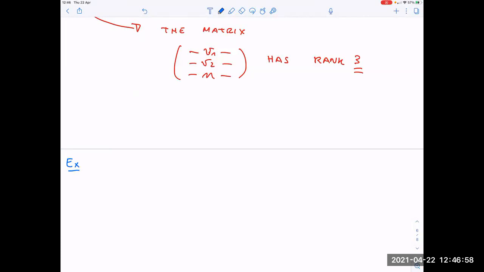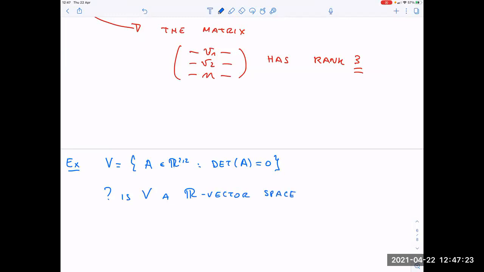And let's see some set V, say 2 by 2 matrices with real coefficients, such that the determinant of A is 0, and we ask, is V an R vector space with the operations of R^{2x2}?